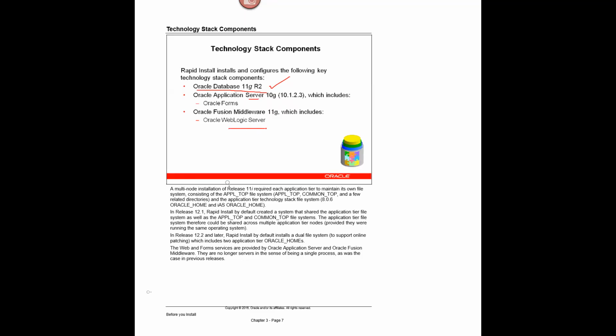If they tell you to apply a particular patch on 10.1.2, you need to run the corresponding environment file. If they tell you to apply the patch on the database, you need to run the database environment file and apply the patch. That is the reason why we need to understand that we have totally 3 homes here.